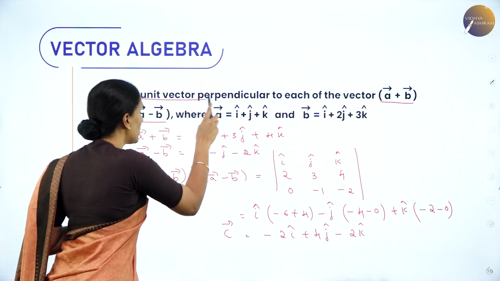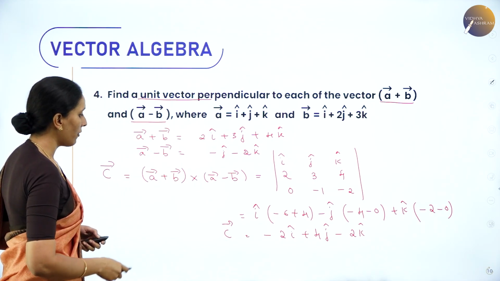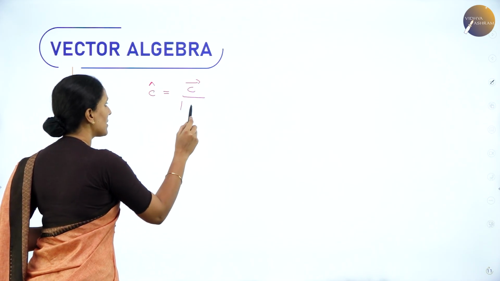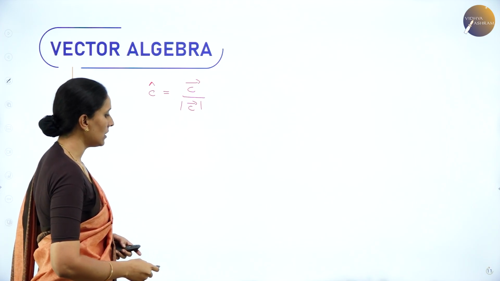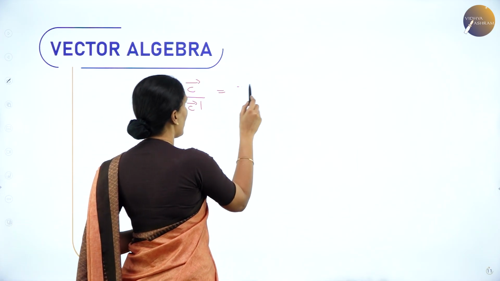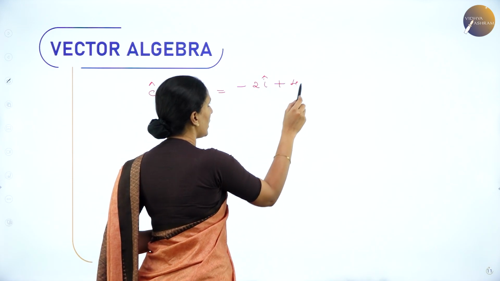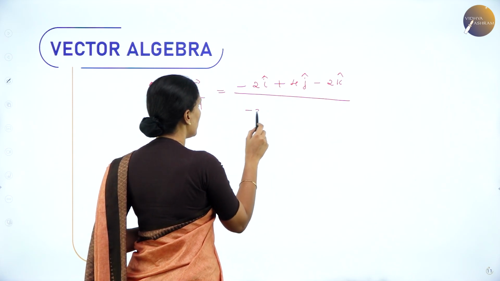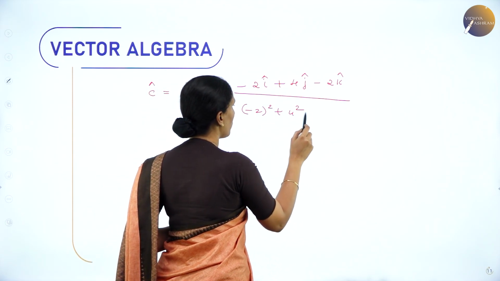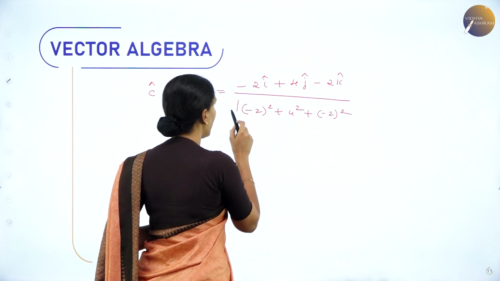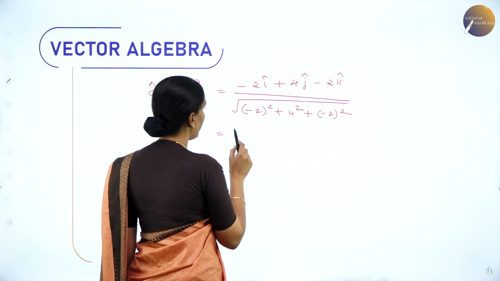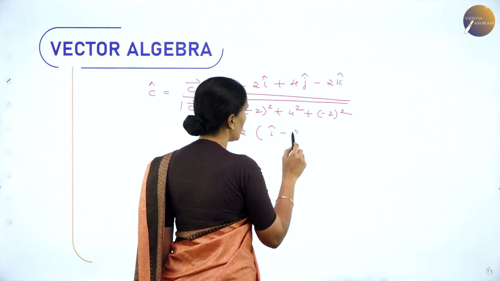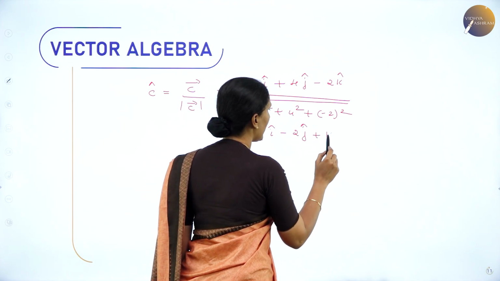But we need the unit vector perpendicular to these vectors. So therefore, we need C cap. C cap is vector C by its magnitude. Now let's write vector C here: minus 2i plus 4j minus 2k. And the magnitude of vector C is the square root of (minus 2) whole square plus 4 square plus (minus 2) whole square. If we take minus 2 as a common factor, then here I'll get (i minus 2j plus k).